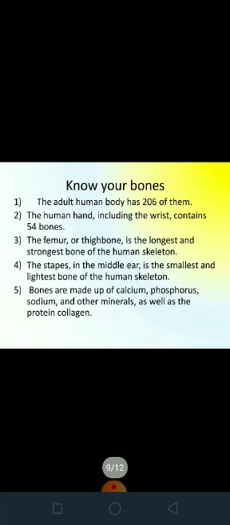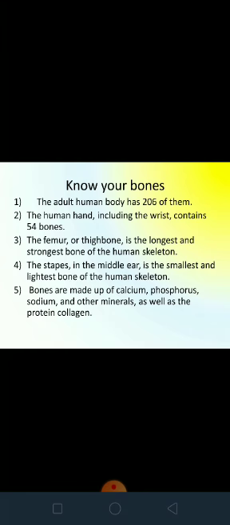It's time to know about our bones. The adult human body has 206 bones. The human hand including the wrist, the part where you put on your watch, contains 54 bones. Big number.